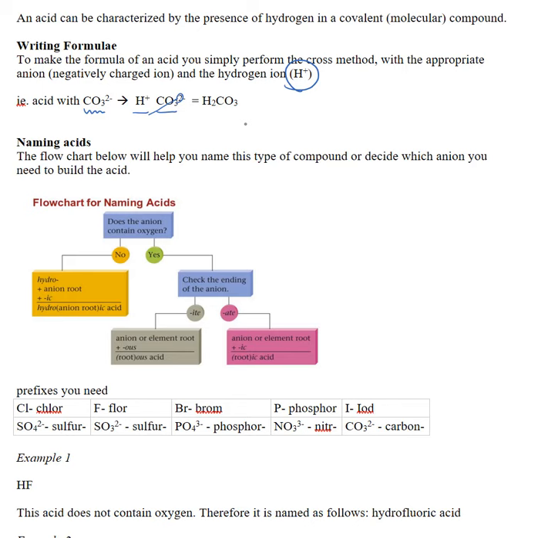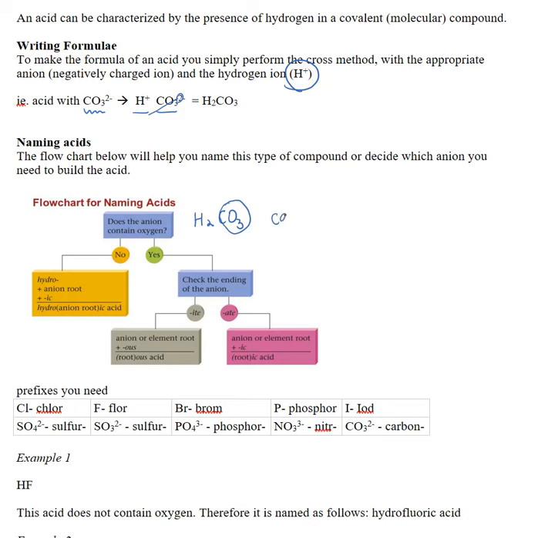Now this flowchart is helpful for naming acids, and we'll use our first example of H2CO3 to see how it works. What we do is we look at the anion in the formula, and check to see if there's oxygen. In this case, there is oxygen, and so we look at the name of the anion.